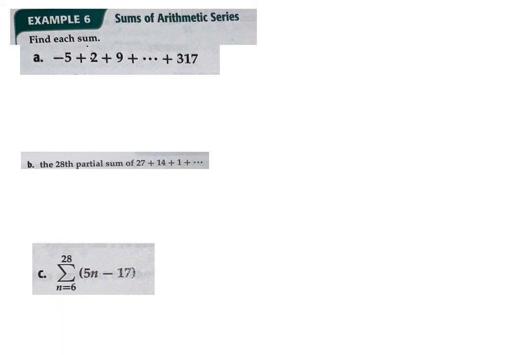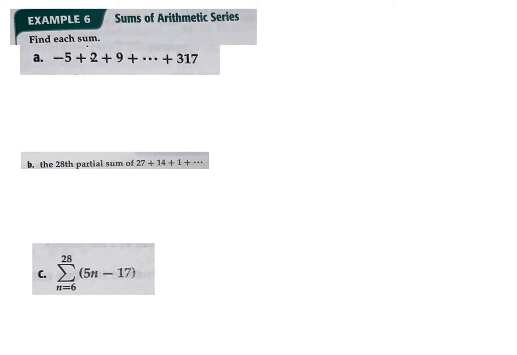So let's do an example up here. They want us to find the sum of these different series. So for the first one, they give us the first term and the last term. What they don't tell us is how many terms we have. So what we really need to know is what term I'm talking about. So what term is term 317?